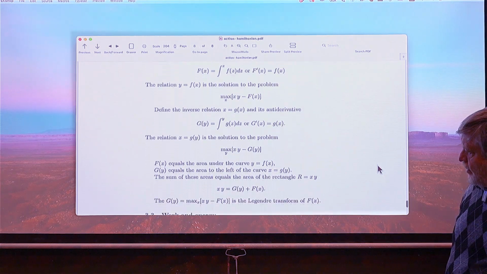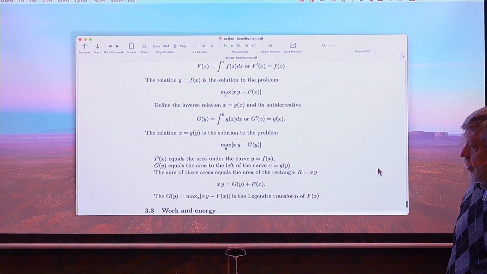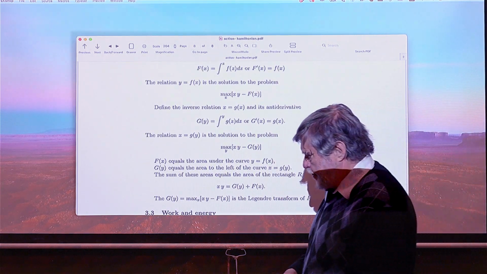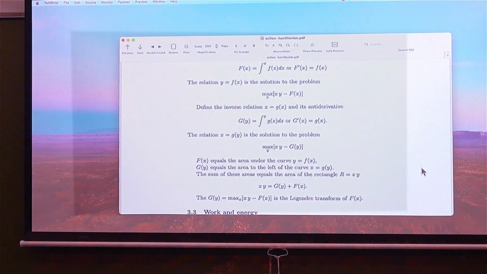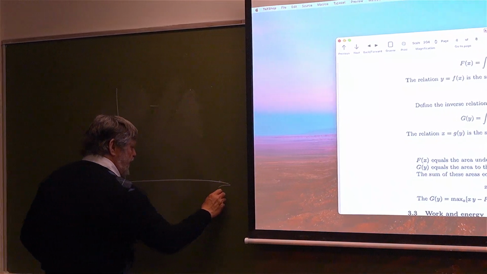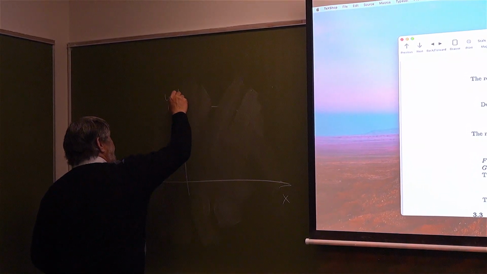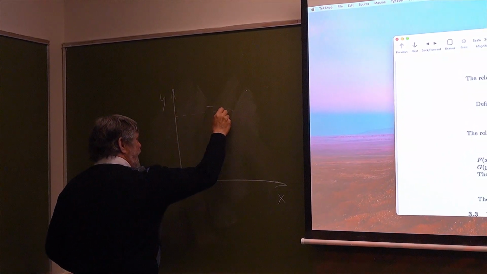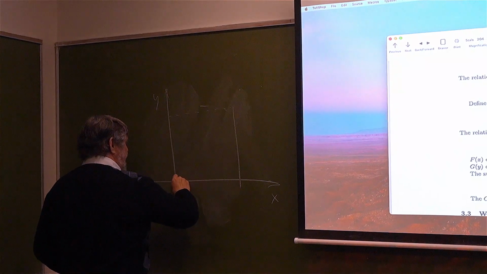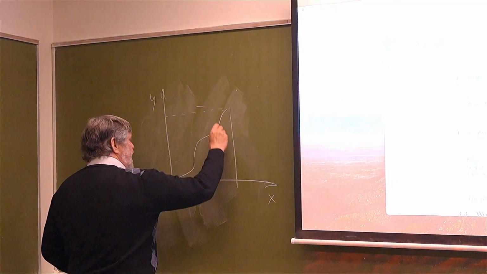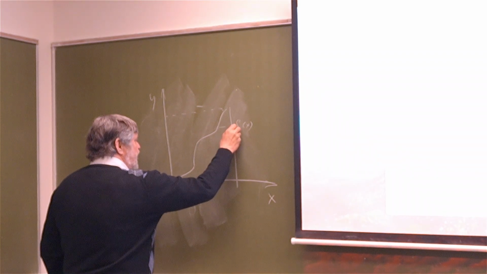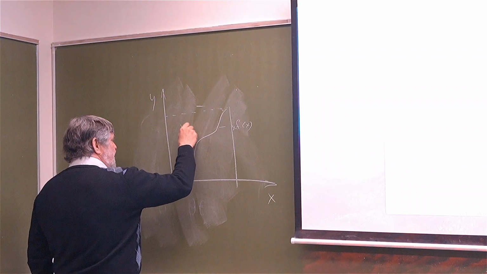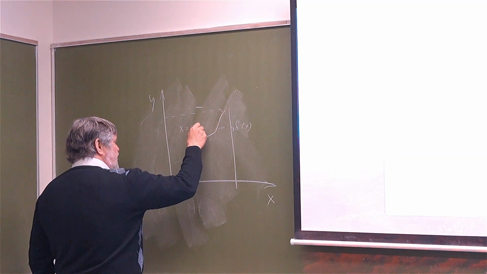And finally, I need to just draw some picture. So suppose this is my f of x. Y is my f of x. Or another way, for example, say that x is g of y.